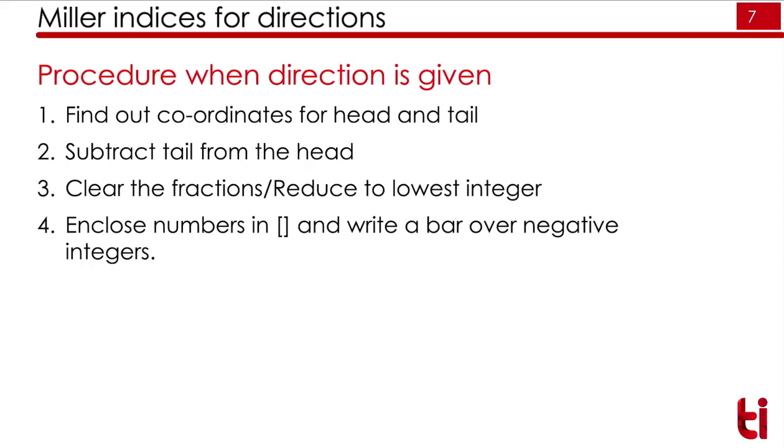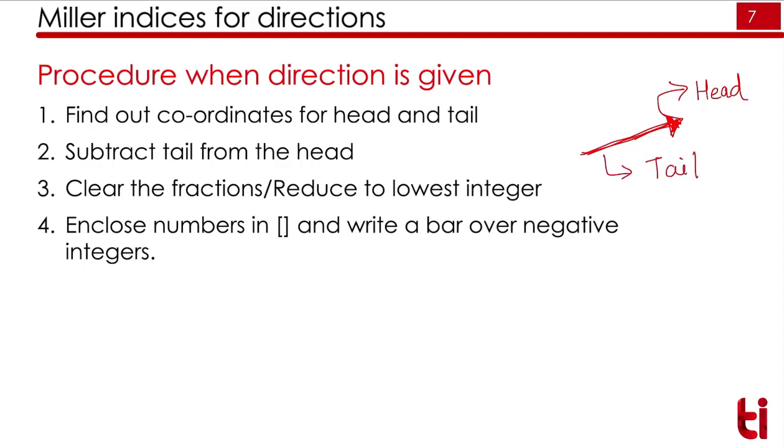The first step is to find the coordinates of head and tail. Remember that whenever there is a vector, it always has a head and a tail. Wherever the arrow is, it is always the head, and the back side is always the tail.